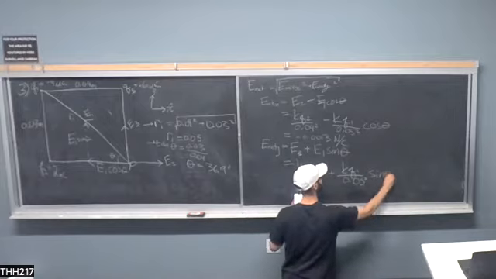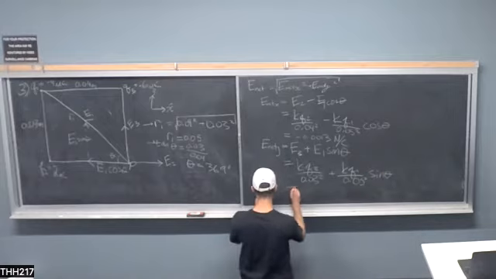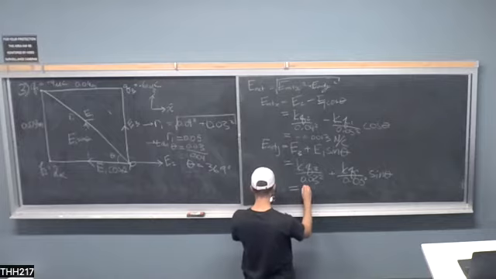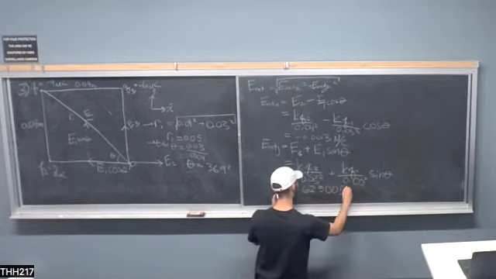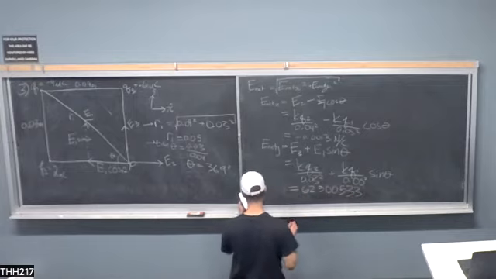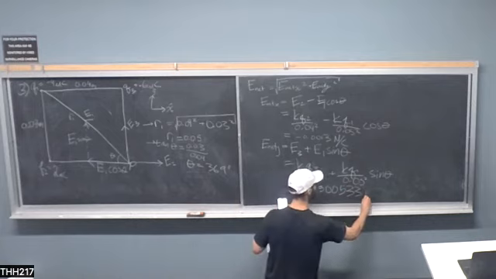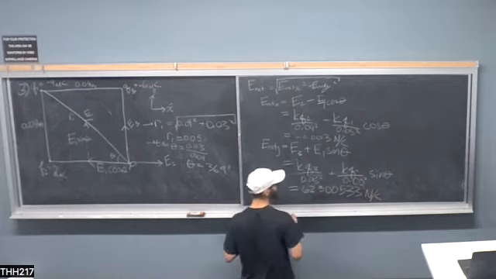All right, and that whole thing comes out to be equal to, oh my goodness, big number, 6250053 newtons per coulomb.